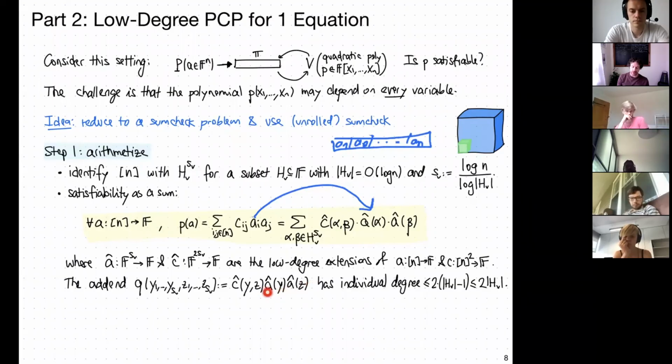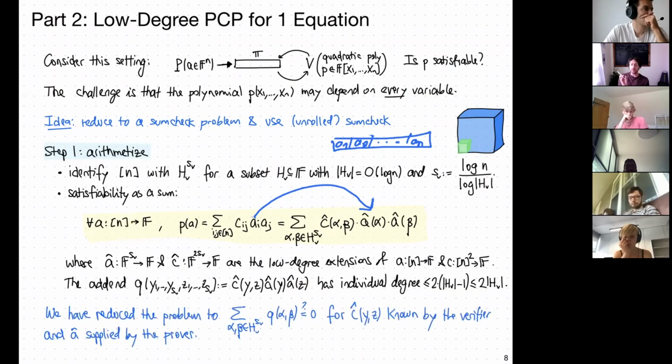You have to fix these endpoints here and here and here, and so in each of the s variables that would be the degree. And when we take the whole thing, the total number of points we have is n to the s, v.